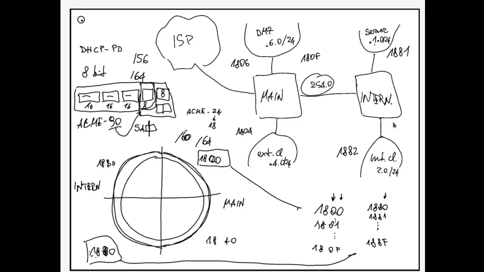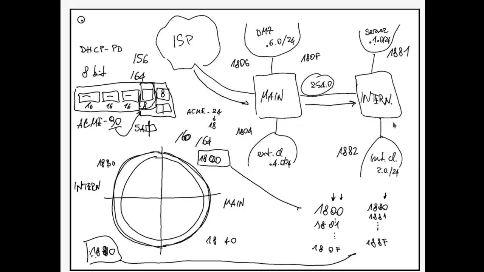Okay, now the last thing that we have to do is realize, similarly to the delegation process that we have from the ISP to the main firewall, we will replicate exactly the same behavior, and we delegate the network that we are assigning to the internal firewall from the main using DHCP.